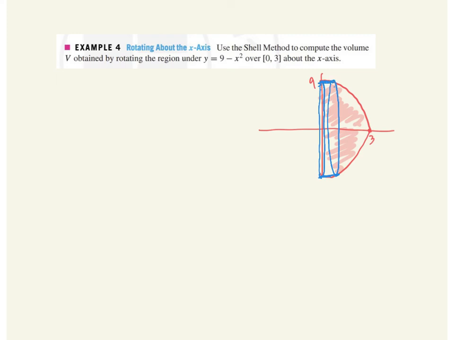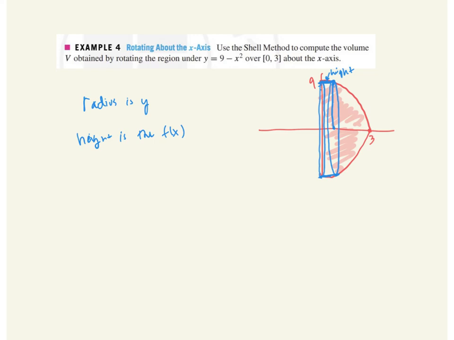So now our height runs here. Right, and our radius runs there. So our radius is now the y. And our height is the equation, is the function.